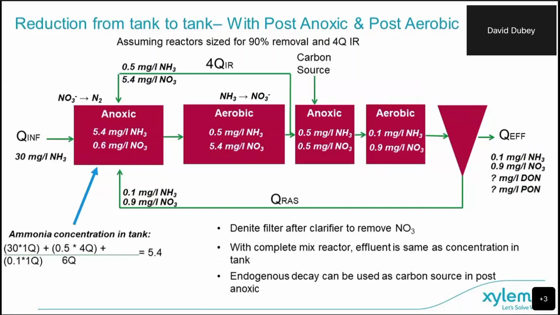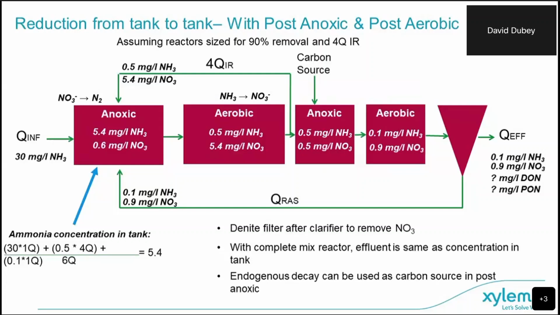Next slide. In this example, I put some numbers to it just to help clarify how exactly this process works. So if we have 30 milligrams per liter coming in, assuming it's all ammonia, even though likely it'll be TKN, which is a portion of organic nitrogen and ammonia.